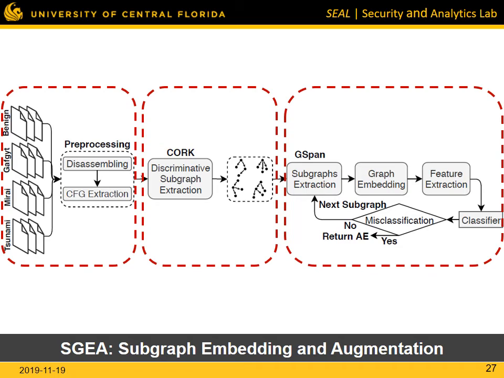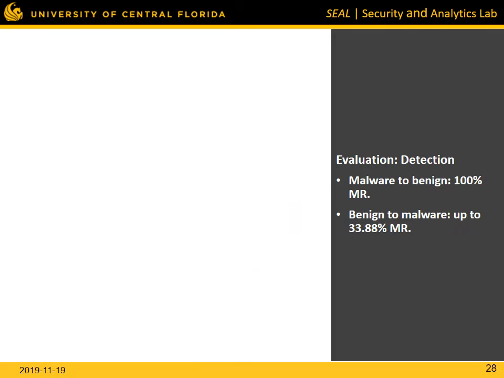Then, after extracting the discriminative subgraphs, we embed the subgraph with least size into the original graph. If the generated graph fools the classifier, return the generated sample. If not, find the next least subgraph and repeat until you achieve the criteria of misclassification. If all extracted subgraphs fail to cause misclassification, then return the original graph.